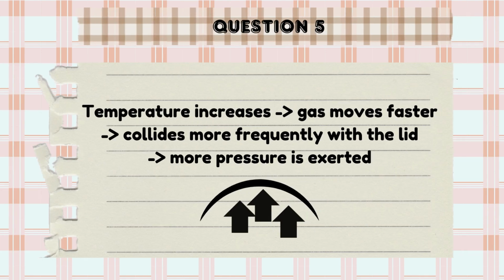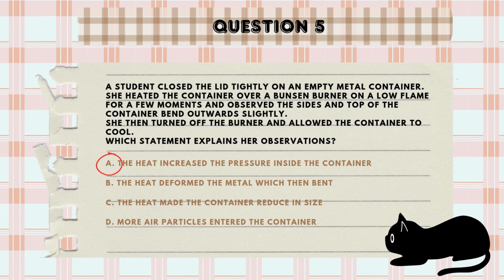When temperature increases, the gas particles move faster and collide more frequently with the lid. This leads to more pressure exerted on the container, and the force applied on the lid makes it bend out. Remember, pressure is just force over area. So the correct answer is A.